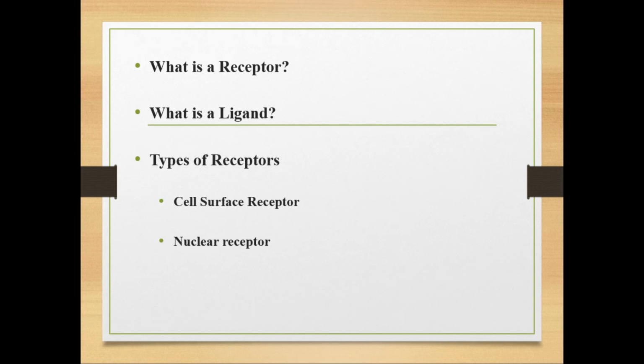But most of the time, two pathways are important in case of receptors. Number one, cell surface and nuclear receptors. Cell surface receptors are transmembrane proteins embedded into the plasma membrane.